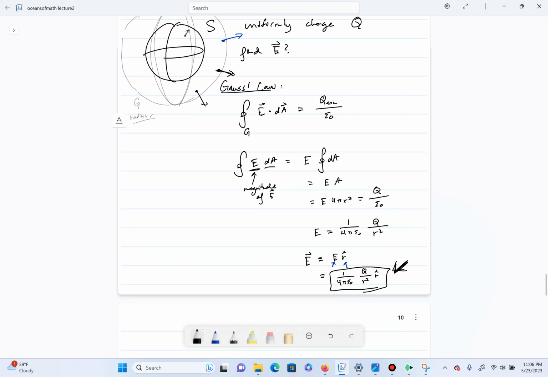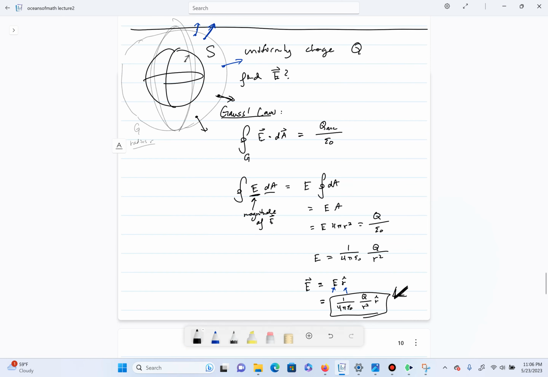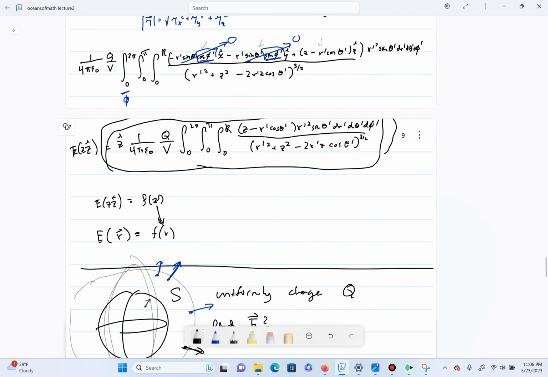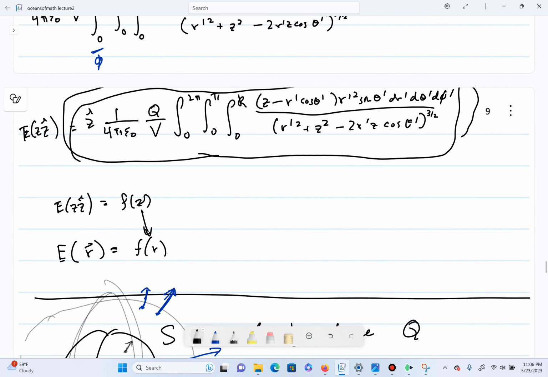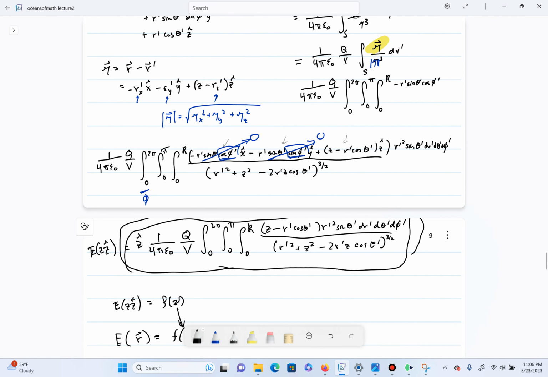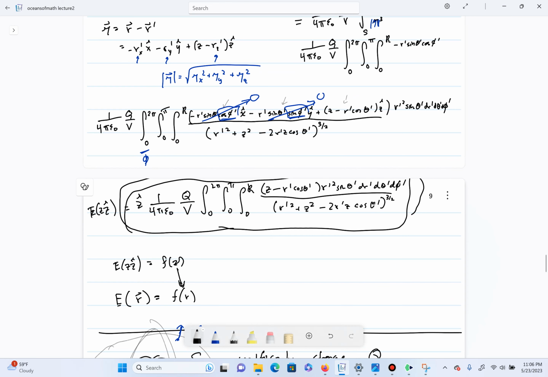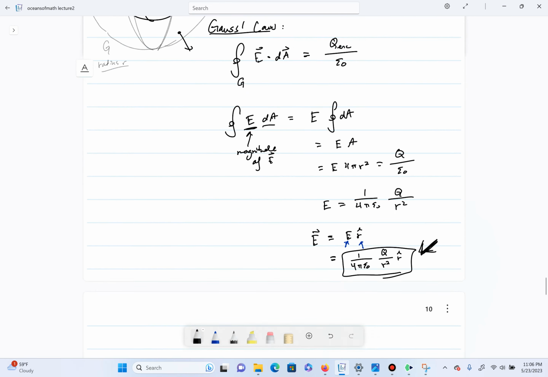Now, this is a remarkable conclusion. It's not trivial at all. Gauss's law literally plows through this problem and utterly destroys it. And I challenge you to go and do the integral, do the brute force method yourself. Maybe even use a different method than what I've shown here, using maybe the integral for the electric potential, which is also a possibility.